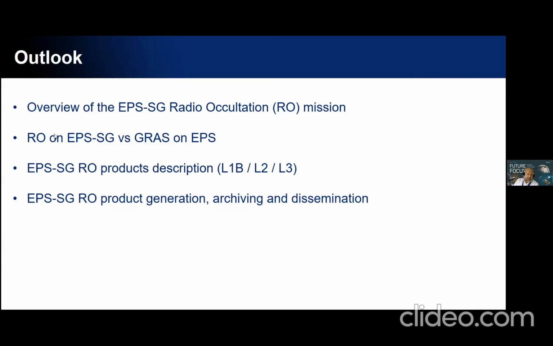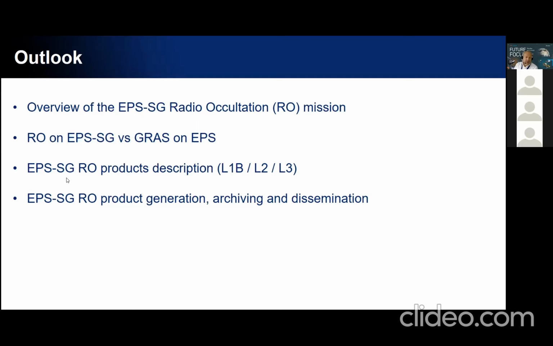I will give some comparisons, at least in terms of user requirements, between the radio occultation instrument on board the EPS-SG and its father, GRAS, on board the EPS Metop satellites that are currently flying. I'm going to provide the detailed description of the radio occultation products we are going to deliver, their archiving and their dissemination.